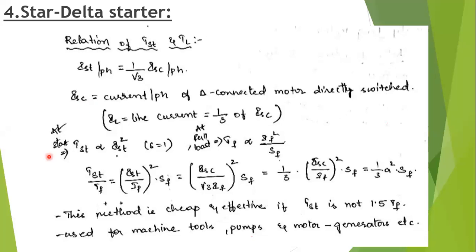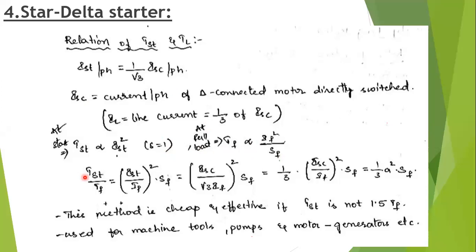At the time of starting, starting torque is directly proportional to the square of the starting current, and S is equal to 1, so at the time of starting slip is equal to 1. At full load, TF is directly proportional to IF square into SF.